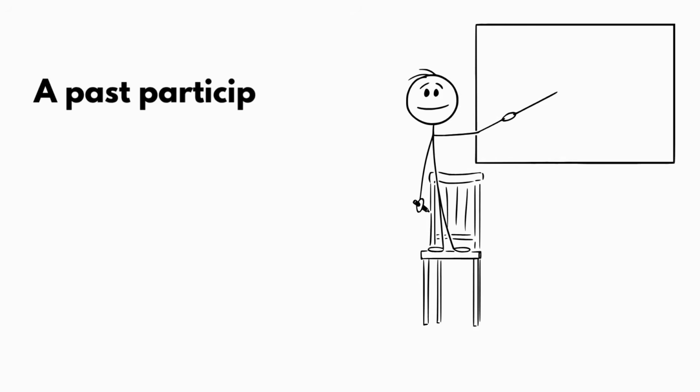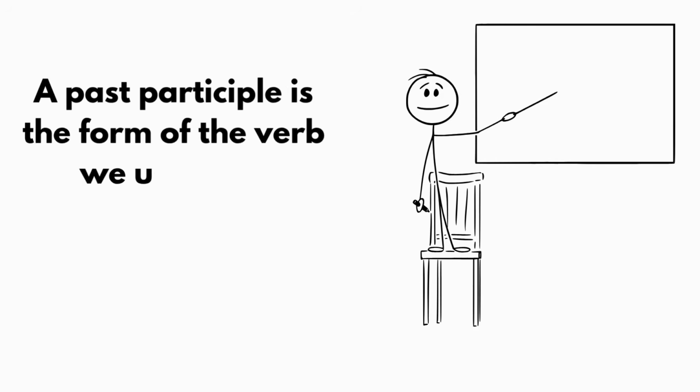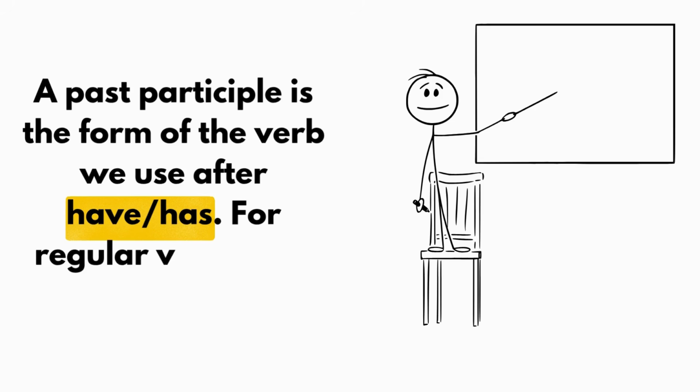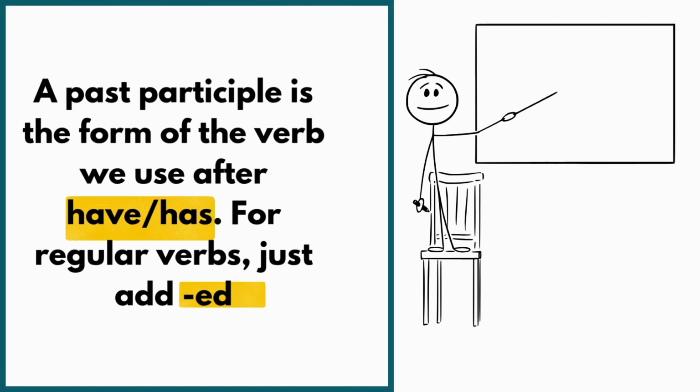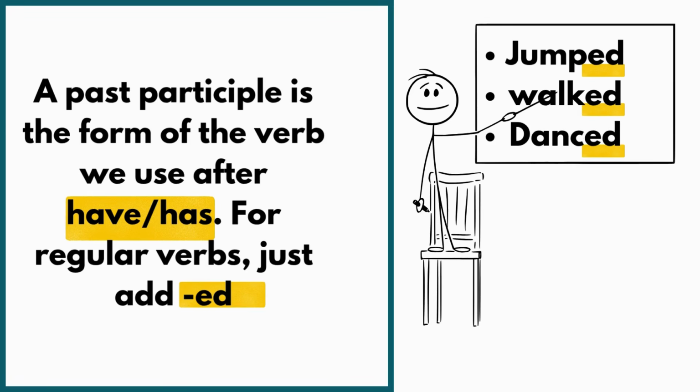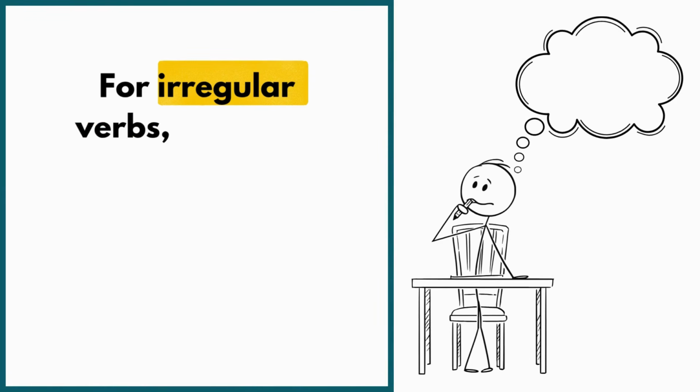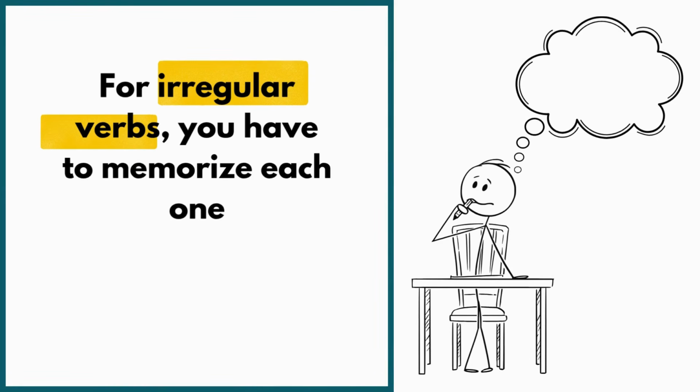A past participle is the form of the verb we use after have or has. For regular verbs, just add ed. Jumped, walked, danced. For irregular verbs, you have to memorize each one. Eat, eaten, see, seen.